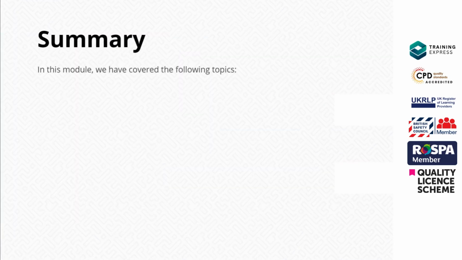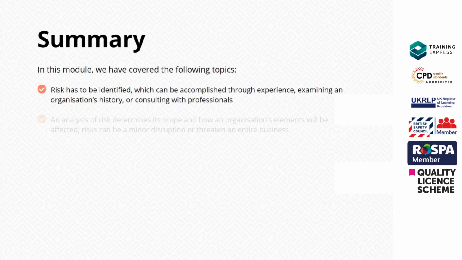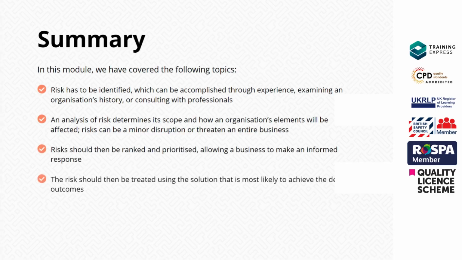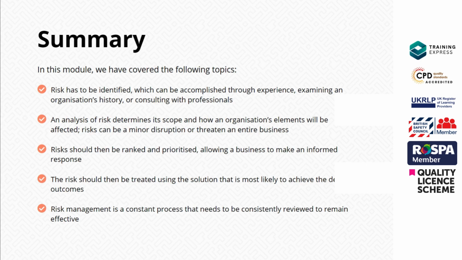Summary. In this module, we have covered the following topics. Risk is to be identified, which can be accomplished through experience, examining an organization's history, or consulting with professionals. An analysis of risk determines its scope and how an organization's elements will be affected.